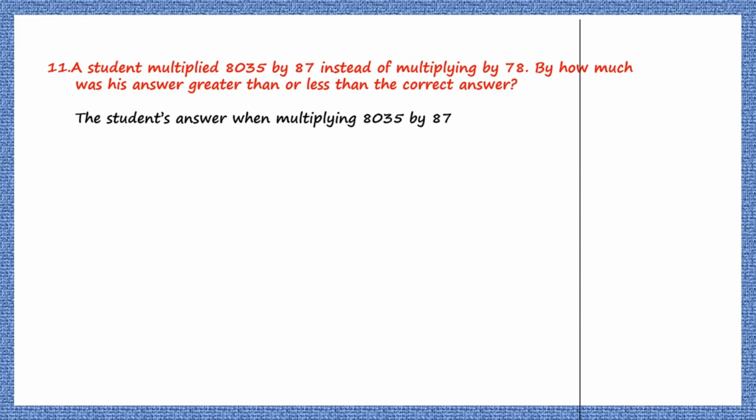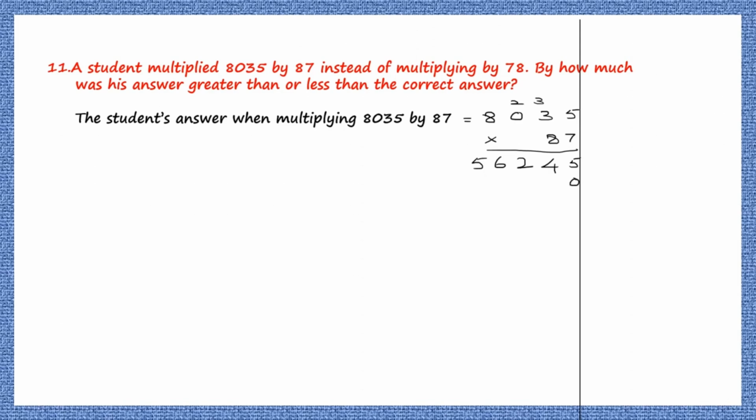The student's answer when multiplying 8,035 by 87 is how much? We're going to check that and see. So let's multiply 8,035 by 87 and see what we get. 7 fives are 35, carry 3. 7 threes are 21, plus 3 is 24. 7 zeros are 0, plus 2. 7 eights are 56.